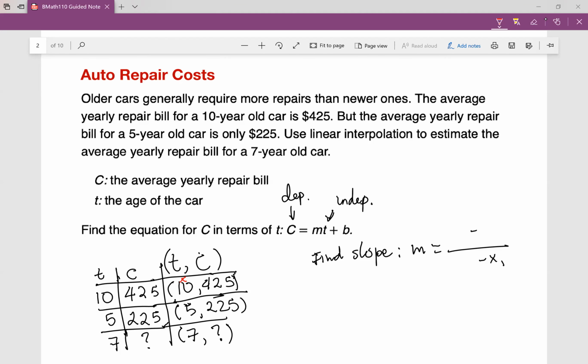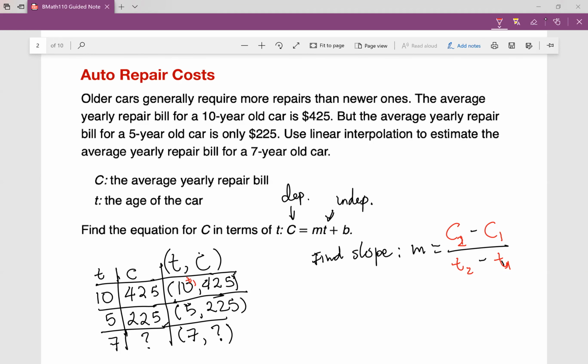We use C: C2 minus C1 over T2 minus T1. So instead of x and y, we use C and T. Don't forget that. This is T1, this is C1, this is T2, and this is C2.